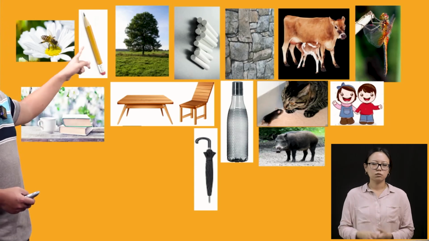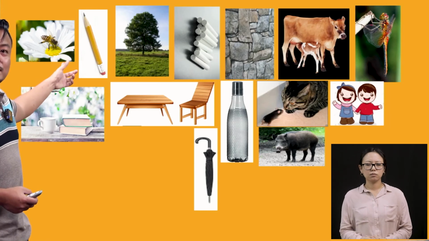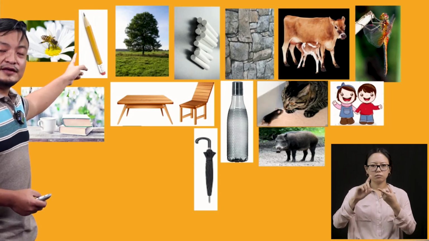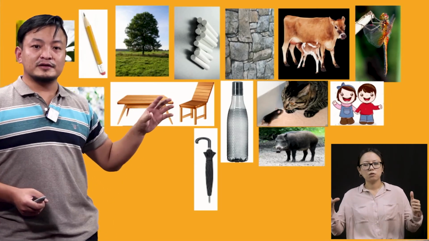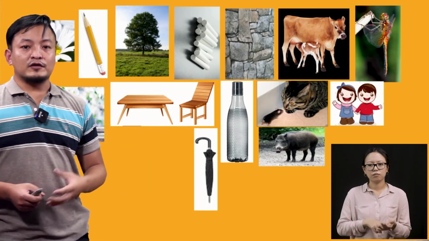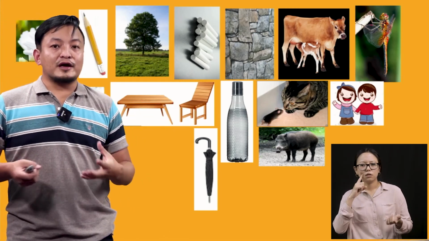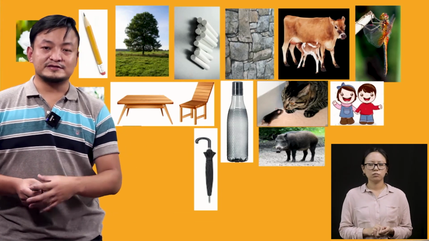Now students, do you see here a flower? Flower. Right? And we can see bee. B-E-E. So these are all examples of natural things. So we have seen what Areni has listed, and we were able to differentiate them into man-made and natural things.